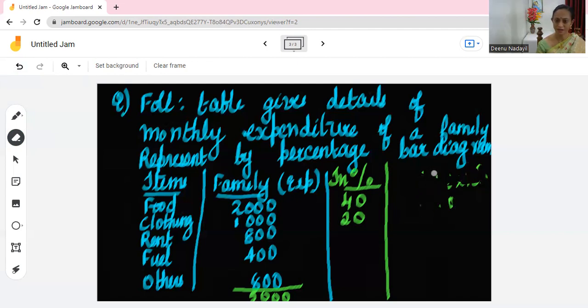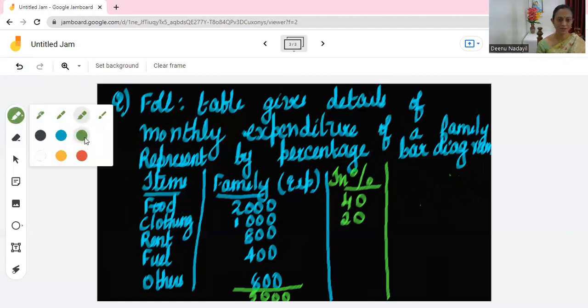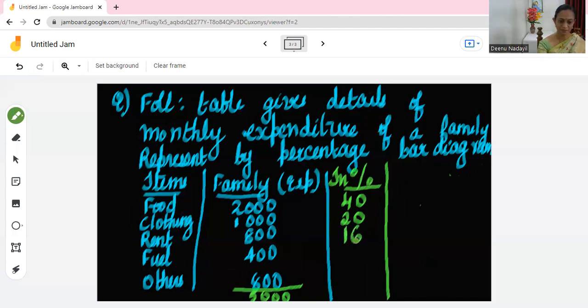Is that clear till there, how to find the percentages? Whatever we have, divided by the total, into 100 will give you the percentage. Coming here the same way, 800 divided by the total 5000 into 100 gives 16.